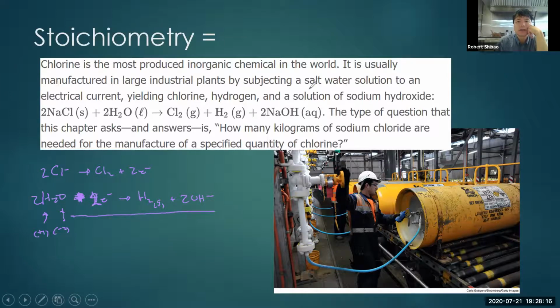And so let's get the net reaction here. Net reaction is going to be 2 chlorides plus 2 waters plus 2 electrons yields chlorine plus hydrogen plus 2 hydroxides, plus 2 electrons.